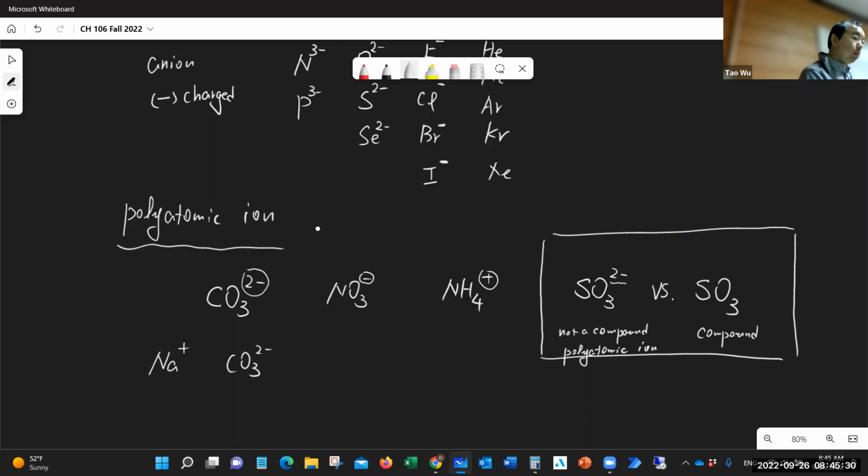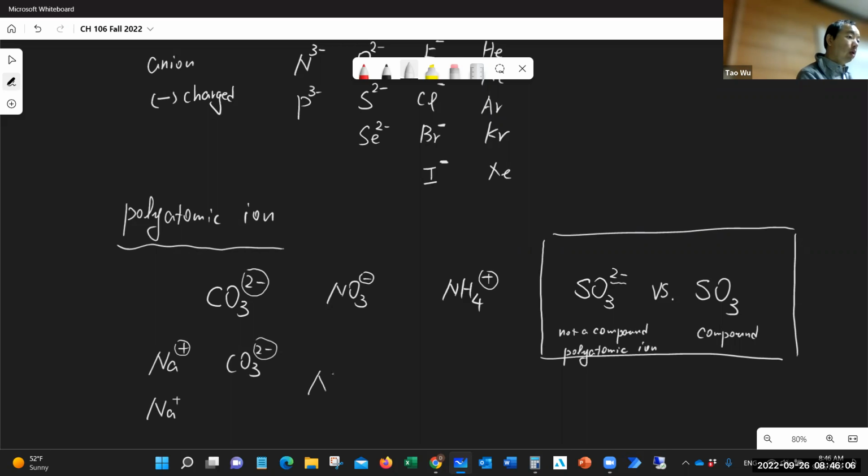The positive charge and the negative charge can combine together to make a compound. But for a compound, the charge should be neutral. Sodium has a 1 positive charge, but carbonate has a 2 negative charge. That means we need one more positive charge to balance the two negative charges, right? So that's why you need two sodium ions to balance one carbonate ion.